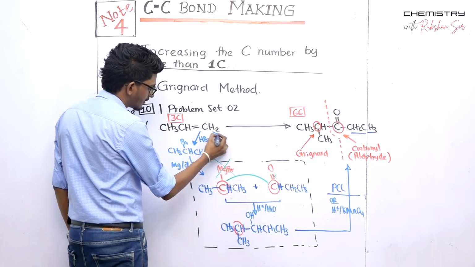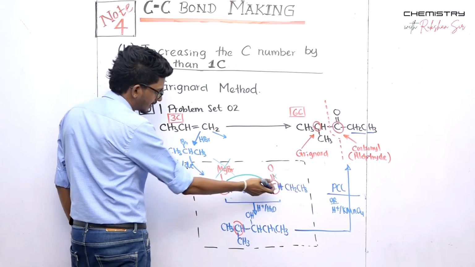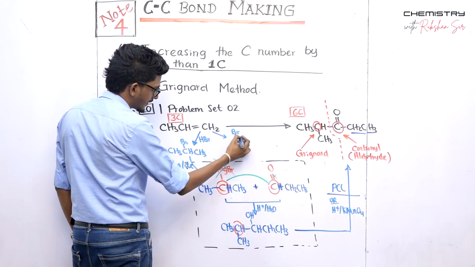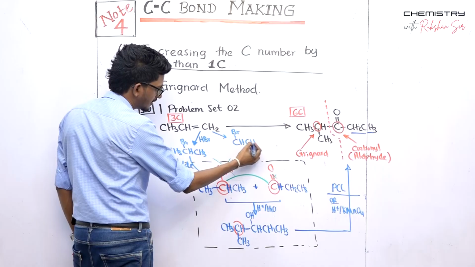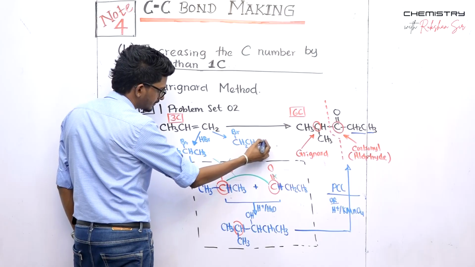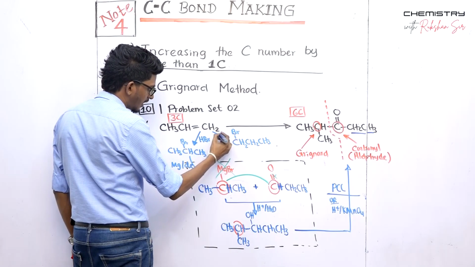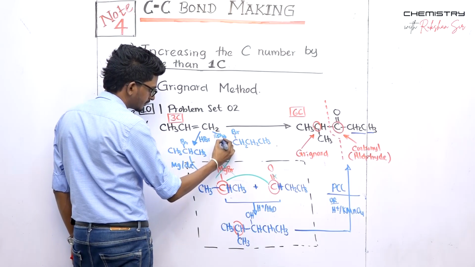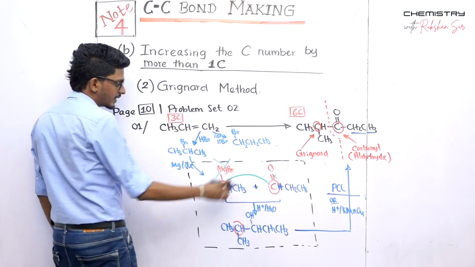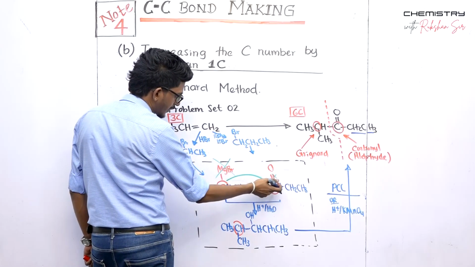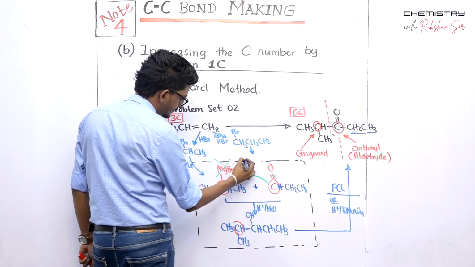For that, functionality should be taken to the corner position, so kind of anti-Markovnikov addition is needed: R2O2, HBr. Then we can convert this Br to OH and the aldehyde ultimately.